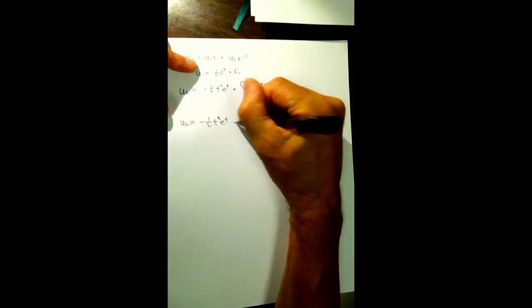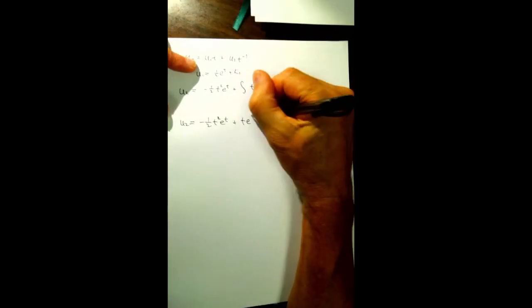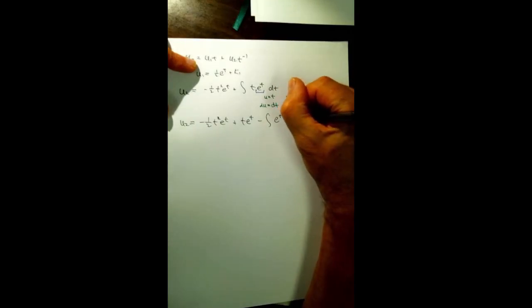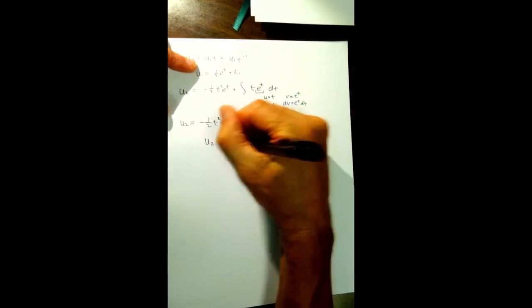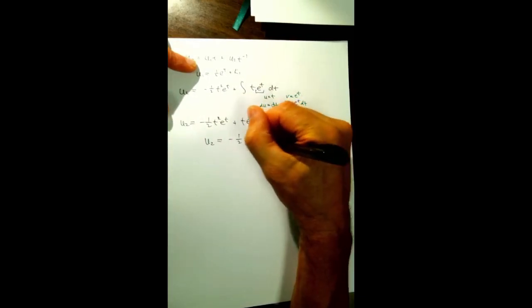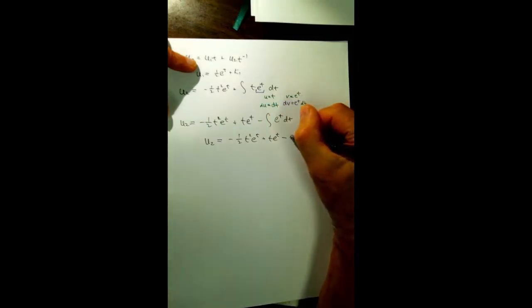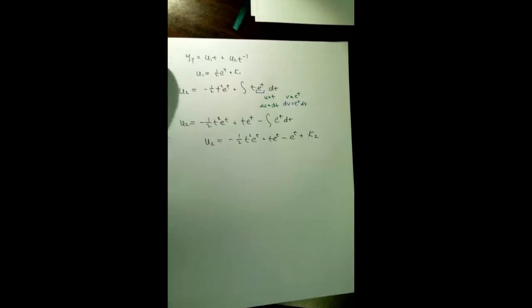Just bring that down. This becomes uv, so I get t e to the t minus integral of v du, which is e to the t dt. Now I can do that integral. So finally I get u2 is minus 1/2 t squared e to the t plus t e to the t minus e to the t. And then I got to be careful, I need a constant of integration.